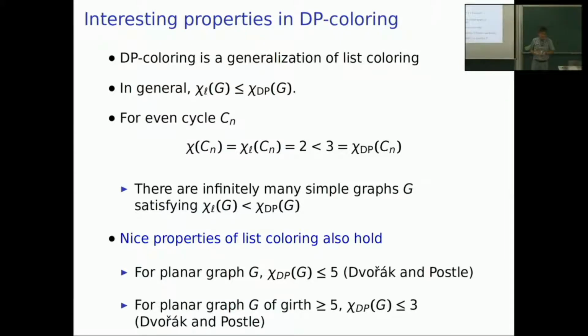So for example, for planar graphs, the choice number is at most 5, but the DP-chromatic number is also at most 5.